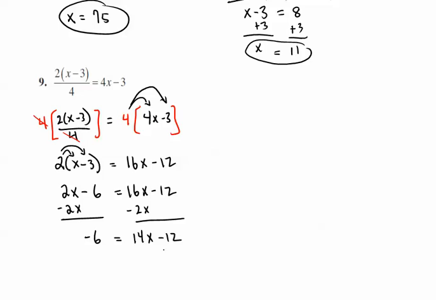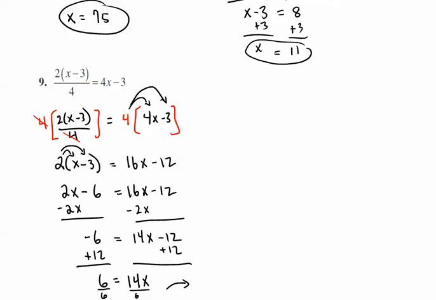At this point, we'll add the 12 to both sides to isolate the x term, and we'll have negative 6 plus 12 is a positive 6 is equal to 14x. And finally we're going to divide both sides by 6.